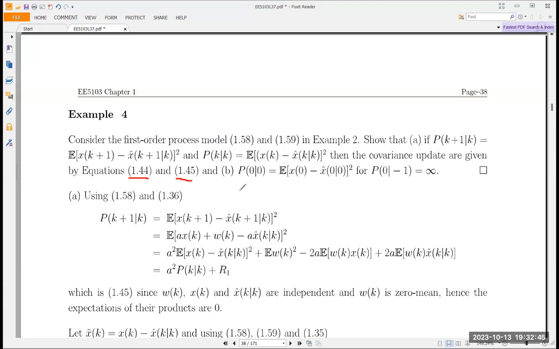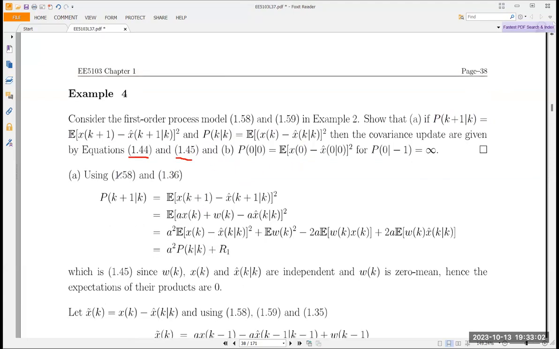Let's show 45 first, which means showing the relationship between this and this. If this is defined by this, and this is defined by this, I write it out. Then for this one, you use the model and replace it with this.